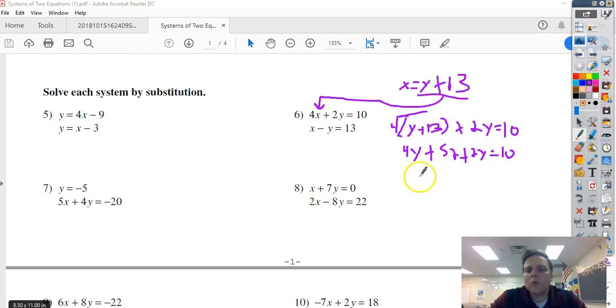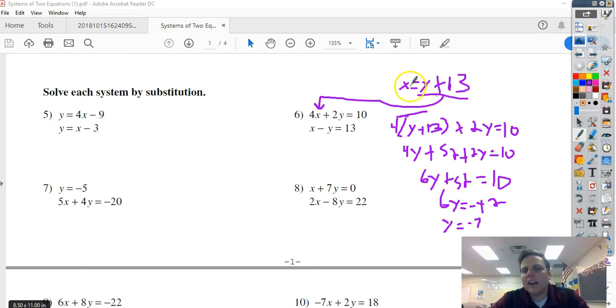So 4y plus 2y is 6y, so I get 6y plus 52 is equal to 10. Subtract 52 from both sides, and that's going to give you a negative 42, because 10 minus 52 is negative 42. Divide both sides by 6. Negative 42 divided by 6 is negative 7. So y equals negative 7.